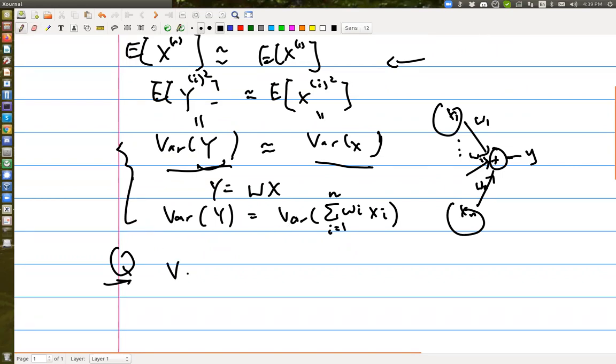Can you just tell me what the variance of x is in terms of expectation? Here I don't assume zero mean, let's say in general.